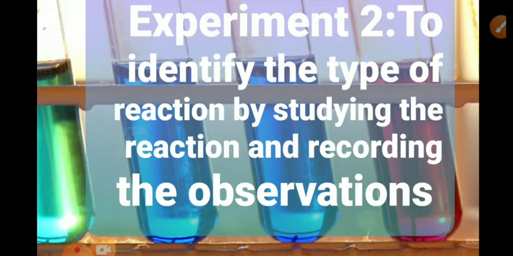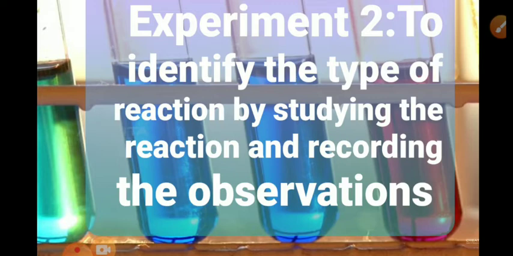We heat it on a burner, and we have to take care that equal heat is given to the test tube from all sides. We hold a moist blue litmus paper at the mouth of the test tube after heating for a few moments.